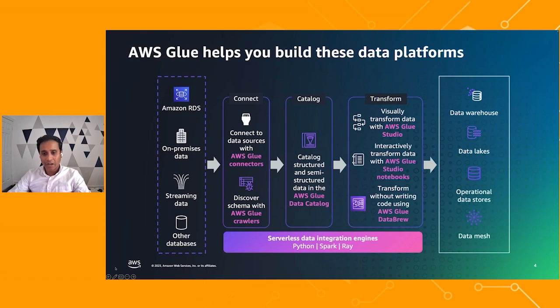And if you are a business user who likes no code, or you do not want to write any code, you can use DataBrew to create those types of transformations. And then you can take all that data and ingest it into your modern data platforms to gain value out of this data.